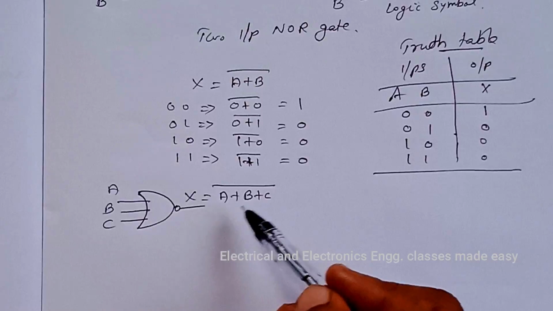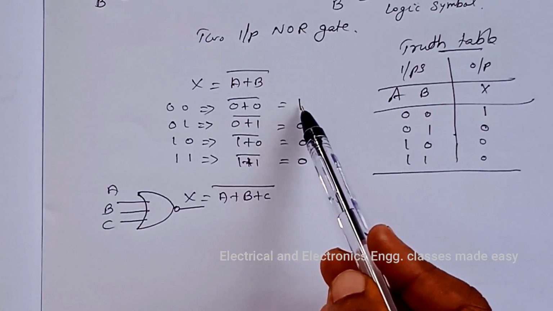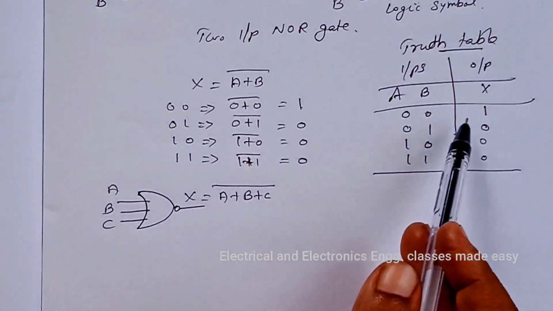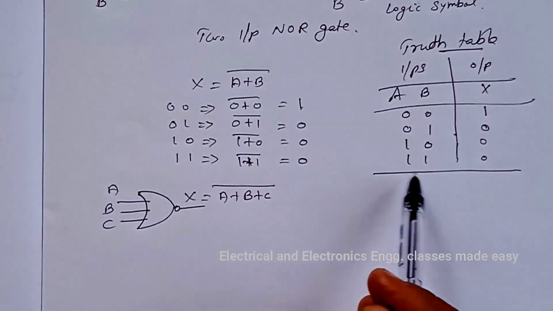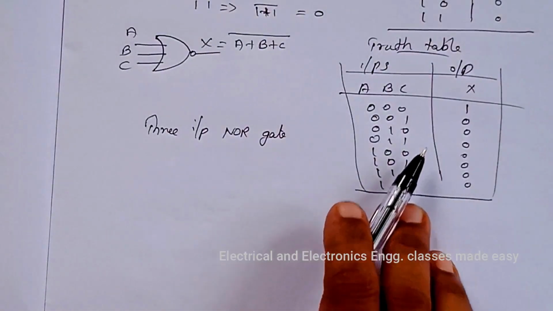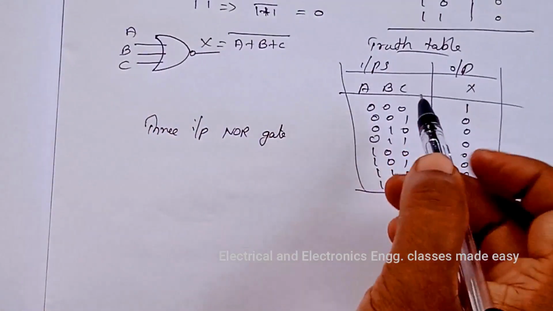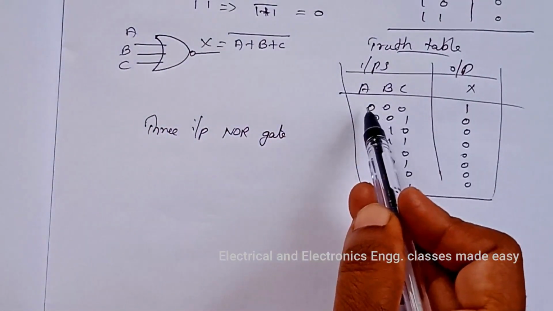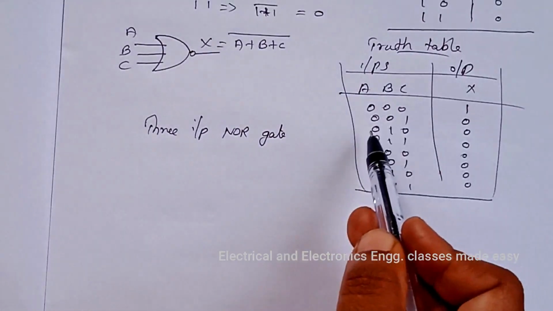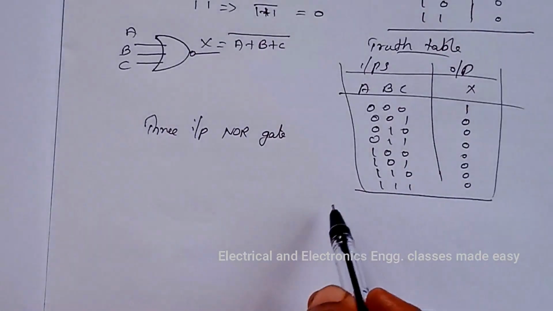And here also the output is logic high or logic 1 when all the inputs are 0 and output is 0 in all other cases. So this is the truth table of 3 input NOR gate and this is the logic symbol. So here when all the inputs are 0, the output is high, and in all other cases the output is 0.